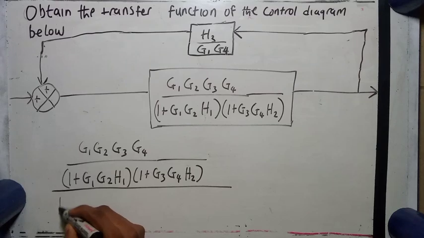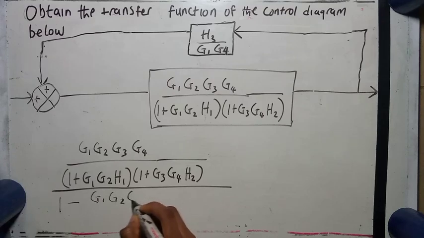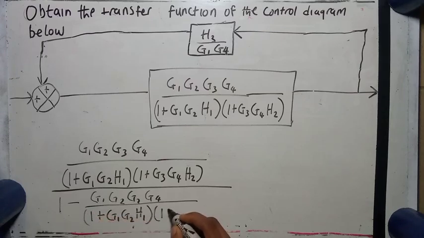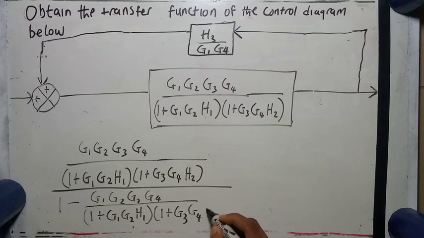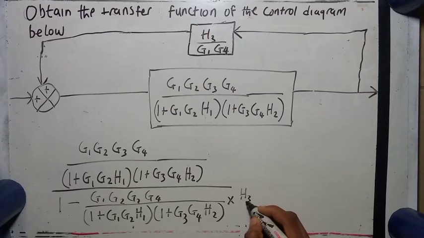You're going to be having 1 minus the whole of this: G1, G2, G3, G4 all over 1 plus G1, G2, H1 times 1 plus G3, G4, H2, all multiplied by H, which is H3, over G1, G4.